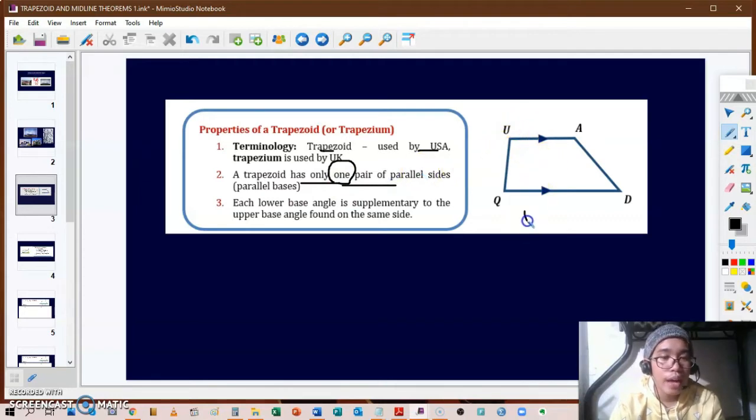Here, line segment UA is parallel to line segment QD. Each lower base angle is supplementary to the upper base angle on the same side, so angle U plus angle Q is equal to 180 degrees.